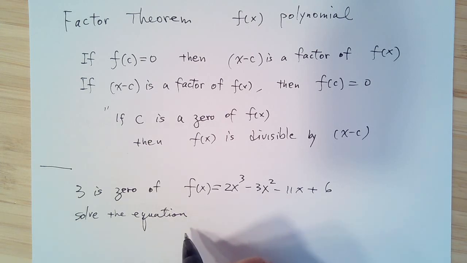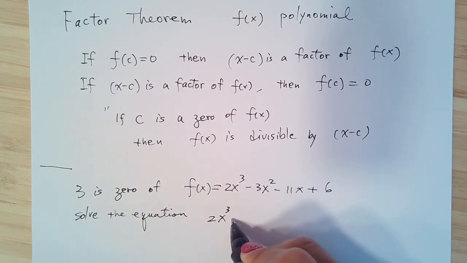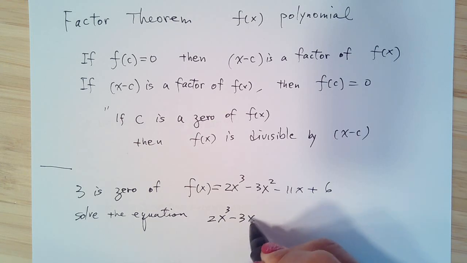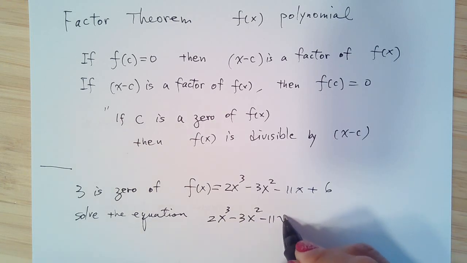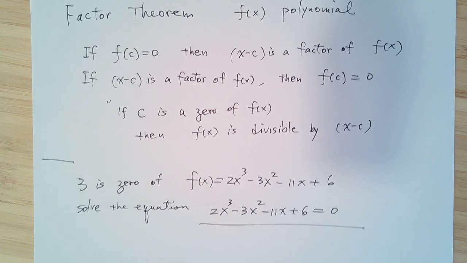The equation is left equals right. So that means the equation 2x cubed minus 3x squared minus 11x plus 6 equals 0. I ask you to solve this equation, which means please find me all the x values that will make this 0. In other words, I tell you 3 is a 0. Can you find other zeros?